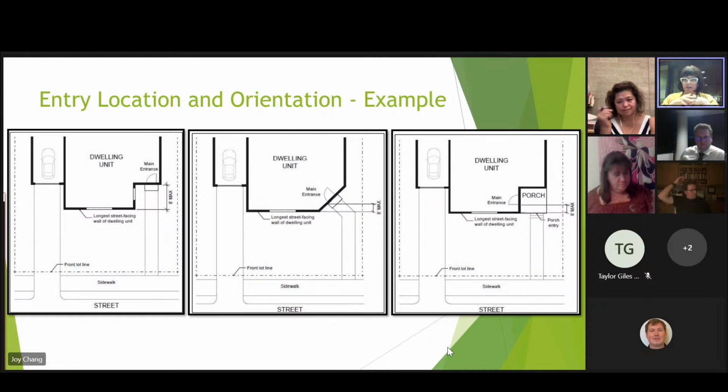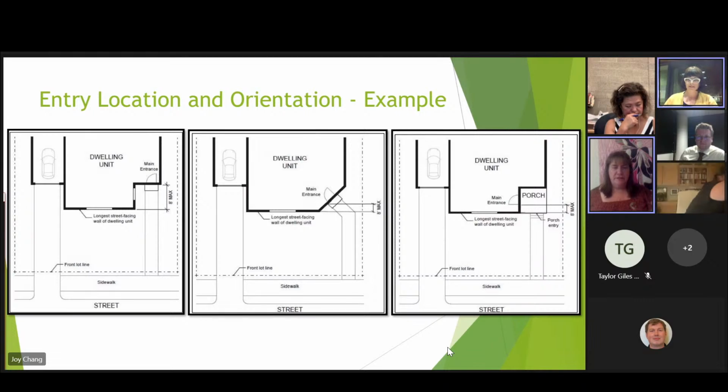How would we measure those as a percentage? Well, that could be just porches, entry, or roof elements. Just add it as an option in the section 4B. That's not part of the percentage. That's an option they can do.